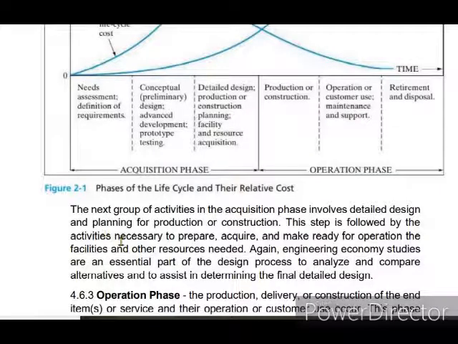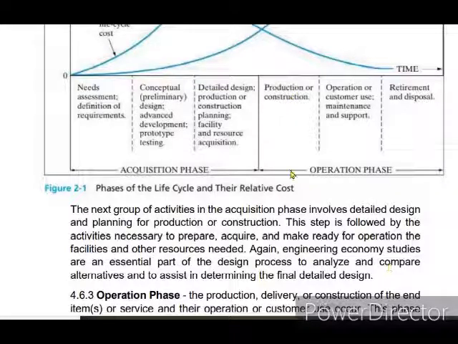So further explanation of the figure: the next group of activities in the acquisition phase involves detailed design and planning for production or construction. Okay, so it is in the fourth column. This step is followed by the activities necessary to prepare, acquire, and make ready for operation the facilities and other resources needed.